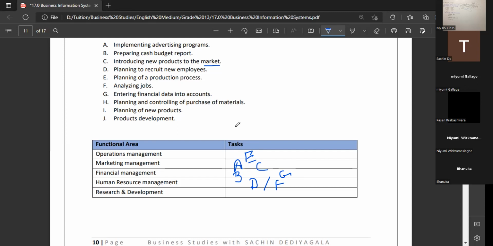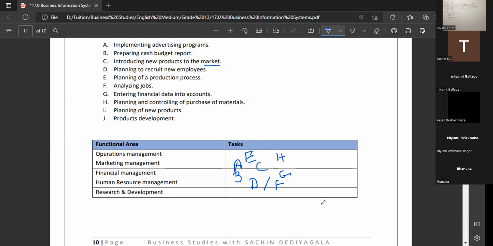And you have H, planning and controlling of purchase. When you say purchase of materials, that is for your production, so it's operations management. And you have I, planning of a new product. Yes, that comes under research and development, because it says planning.